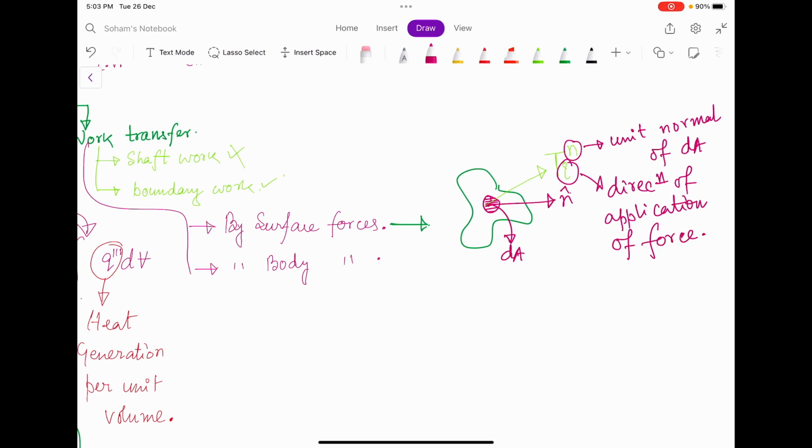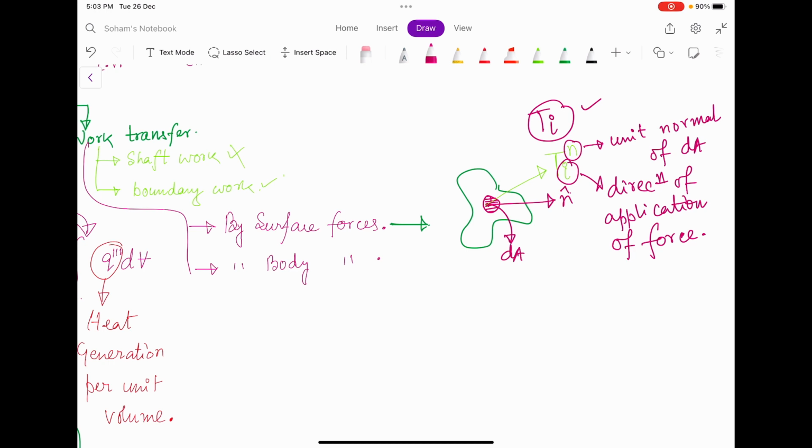So this is the traction vector Tni, and if you write it as Ti, then it is also okay, because n does not have any other significance in terms of the mathematical manipulation. It is just a symbol for the sake of our understanding. If you are comfortable with Ti, then also it is okay.